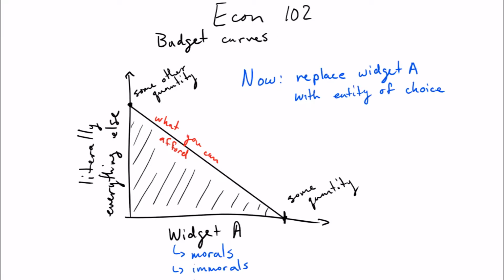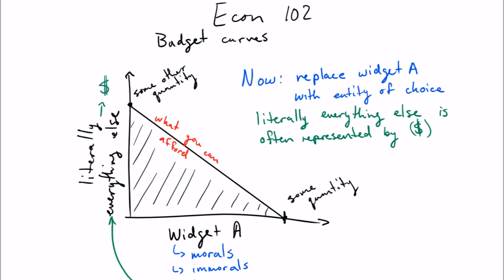Now, we can replace widget A with anything of our choosing, any entity that we want. We can replace it with morals. We can replace it with immorals. We can replace it with time or money or basically anything that we want. What most people do is they represent the literally everything else by money, right?